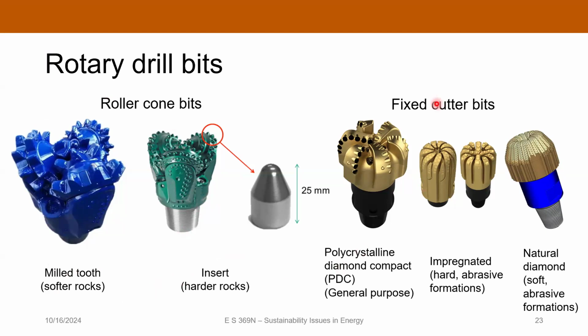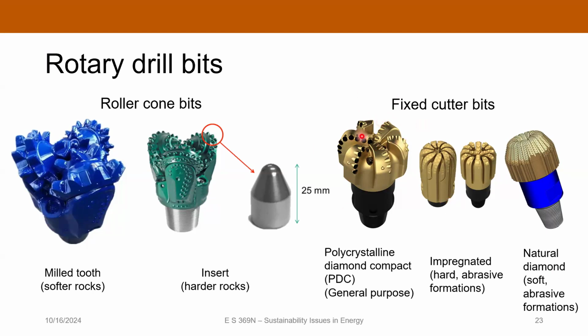When you start drilling quite a bit deeper, you have to use what are called fixed cutter bits. And the most common one that's used is what we call a PDC bit, a polycrystalline diamond compact bit. And the teeth here on the fixed cutter have diamonds in them, which is harder than basically anything you're going to find in the subsurface. And the way that these work is that as the drill string rotates, they basically scrape the rock as you drill, and that scrapes off pieces that are then carried to the surface in the drilling fluid.